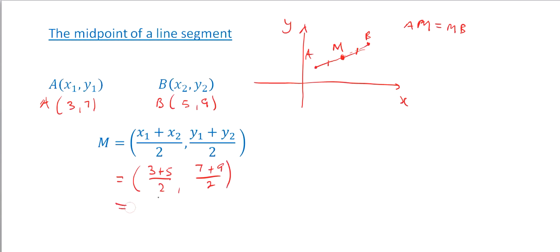So this will be 5 and 3 is 8 over 2, 9 and 7 is 16 over 2. Therefore, the coordinates of the midpoint will be 8 divided by 2 is 4, and 16 divided by 2 is 8. Right? So this is how you find the midpoint of a line segment.